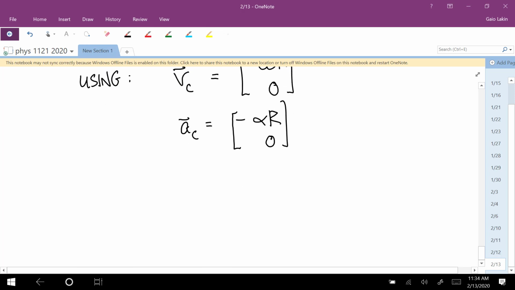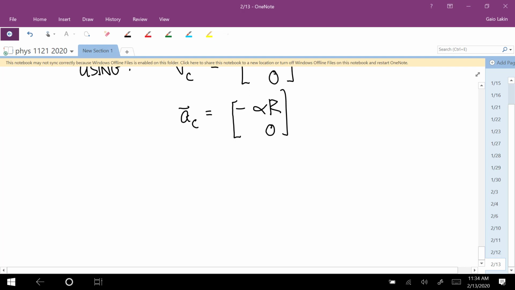And then we use 2 relative motion equations. So I'll just write those as VAC is equal to VAB plus VBC, and then the acceleration version.